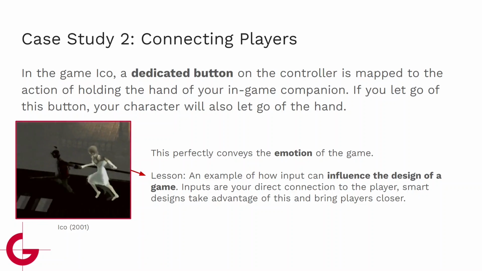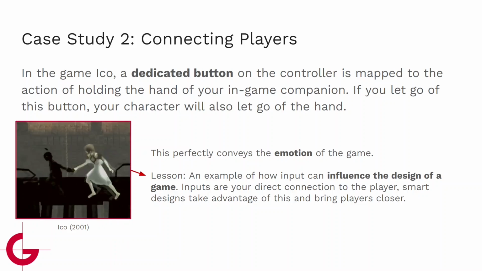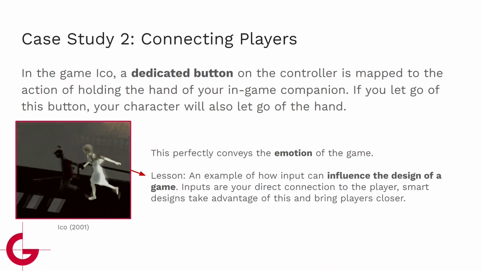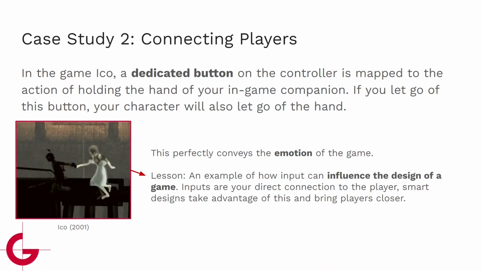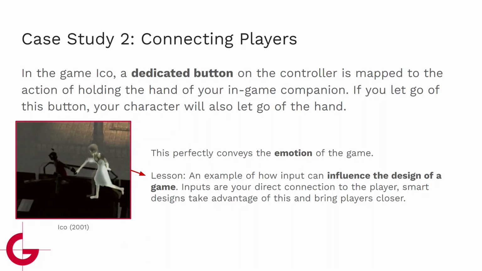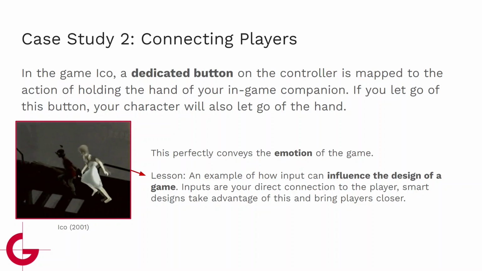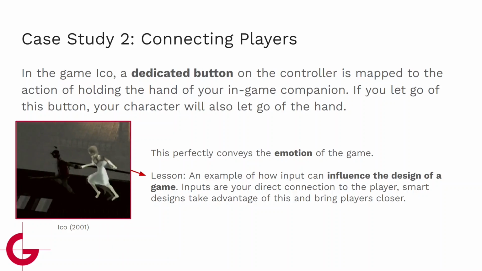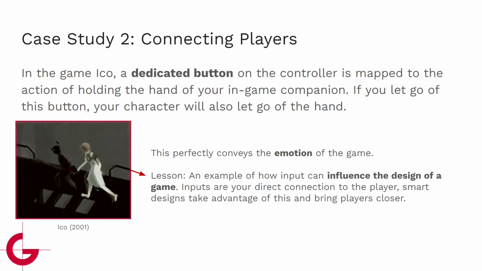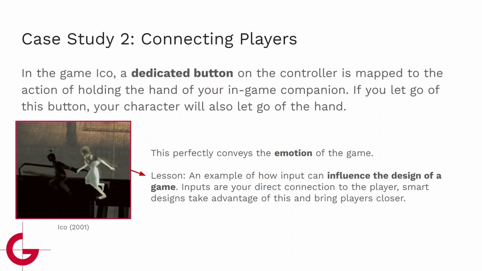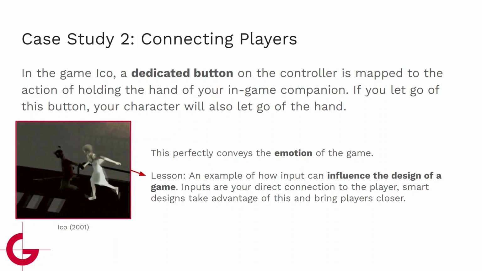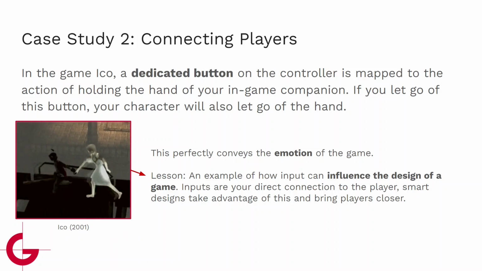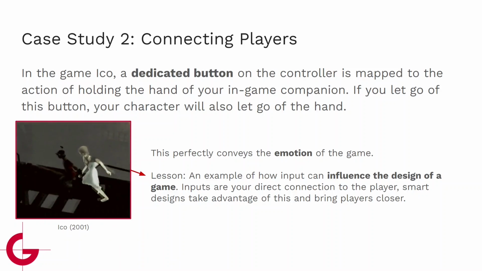So if you're crossing a dangerous bridge and you let go of this button, your companion may fall down that bridge. So this is a great example of how input can actually influence the design of a game, because this is absolutely intentional, and it conveys how the main character of the game feels to the player who is playing the game. So it's a really, really good example.